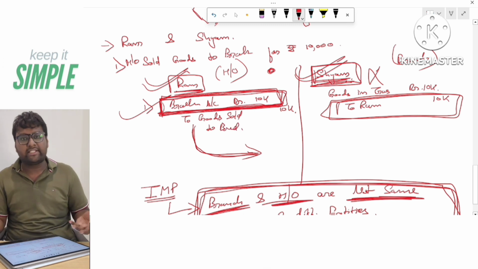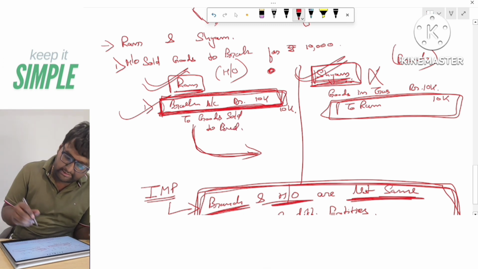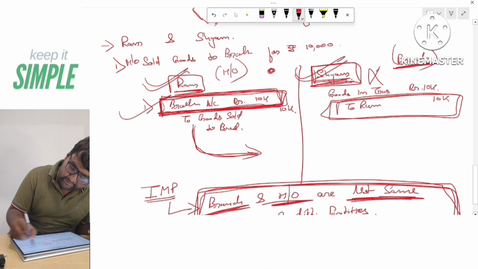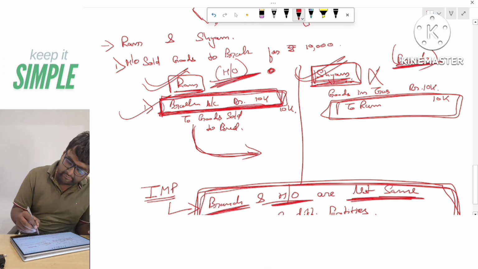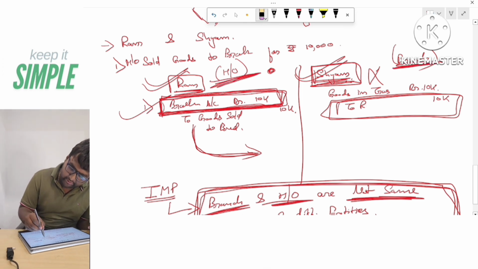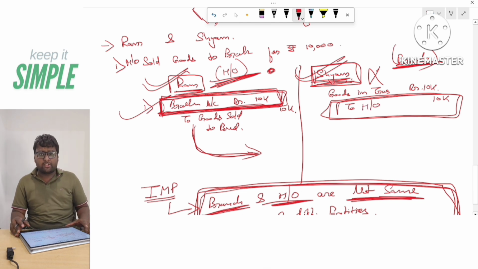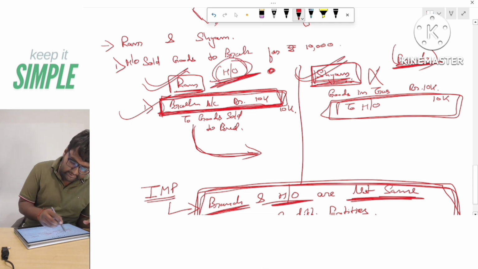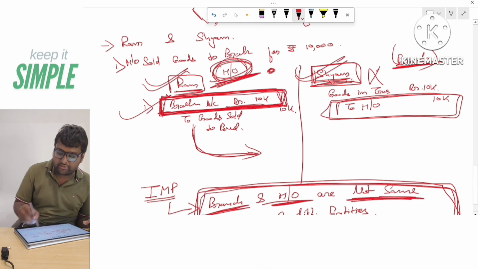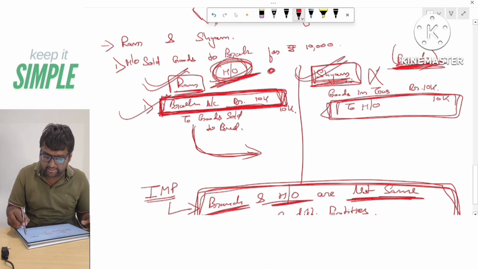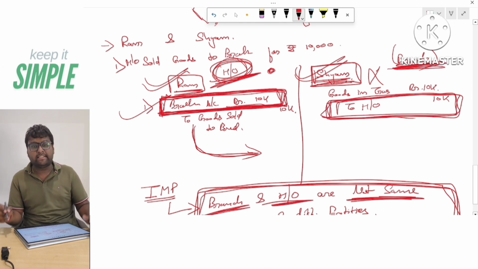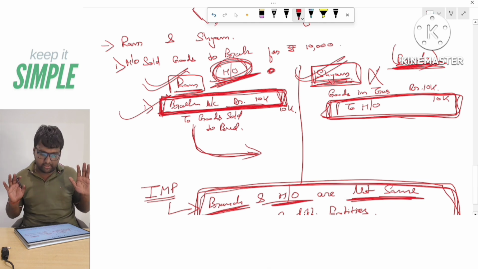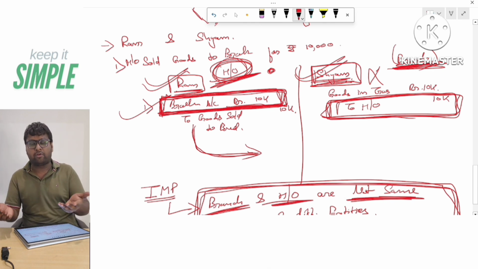Same thing, we have just changed the name of the accounts. Same way, as it is branch, it will be goods in transit debit to head office account. So now we got that head office has a 10,000 debit balance of branch. So branch should have a 10,000 credit balance of head office. This is the reconciliation we are talking about. If this is there, we can move forward to our next step.